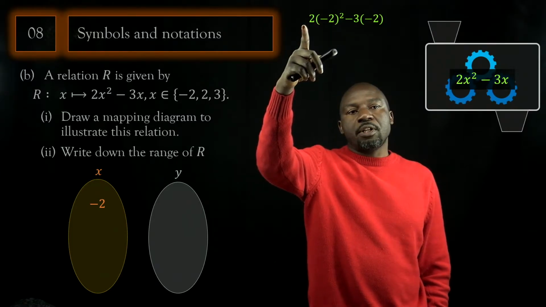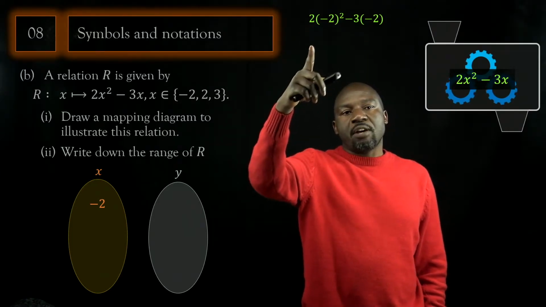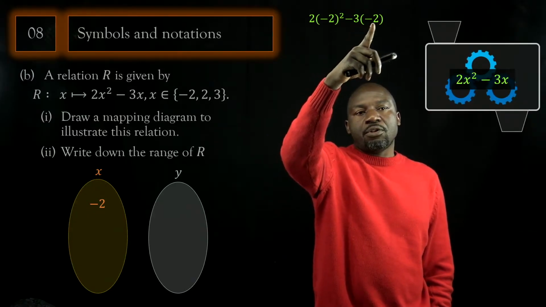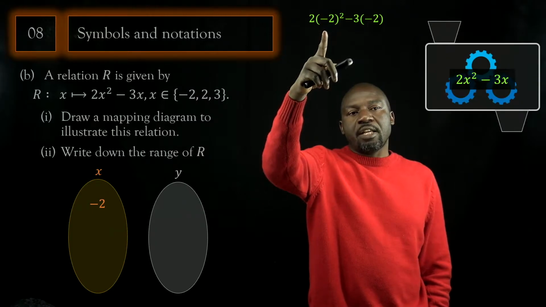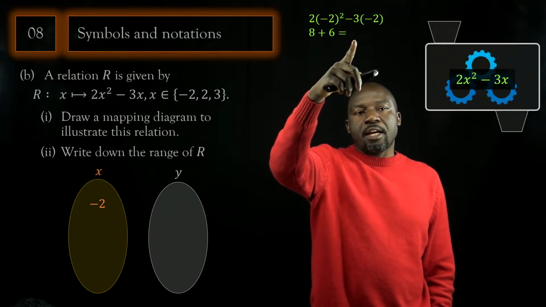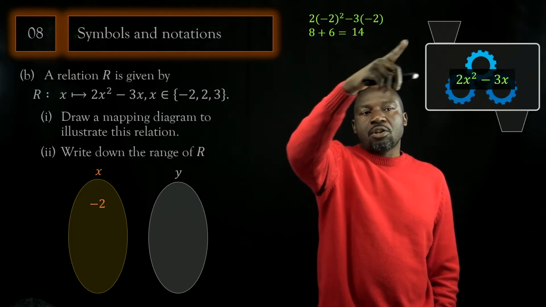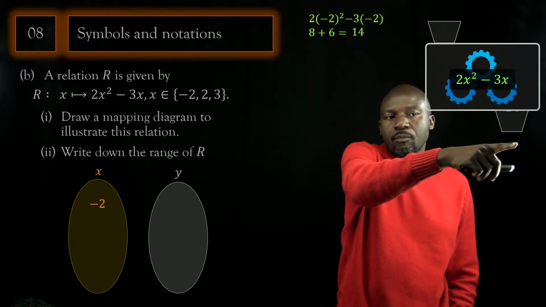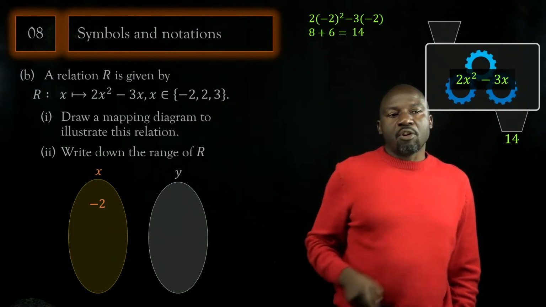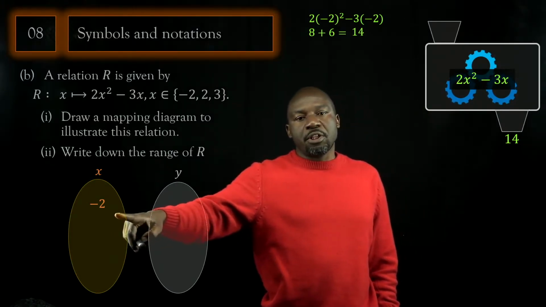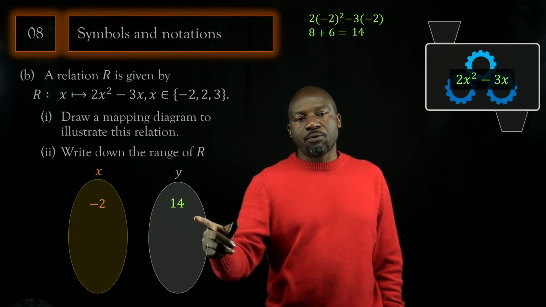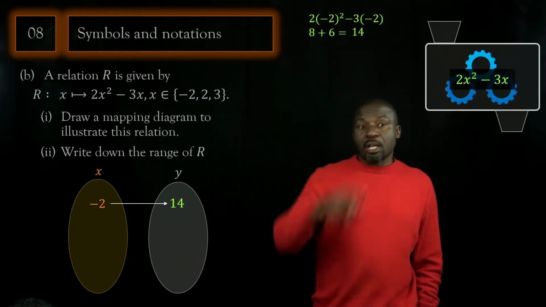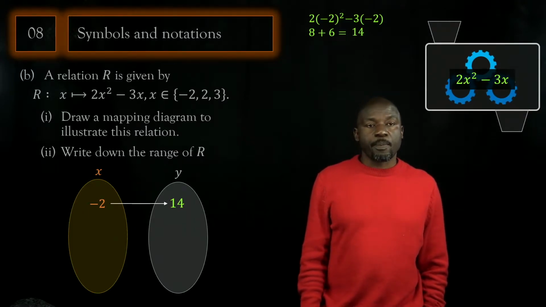Positive 4 times 2 is 8, and negative 2 times negative 3 is positive 6. So we have 8 plus 6, and that gives us 14. So we get an output of 14 when the input is negative 2. We put 14 here and draw an arrow to indicate the mapping.